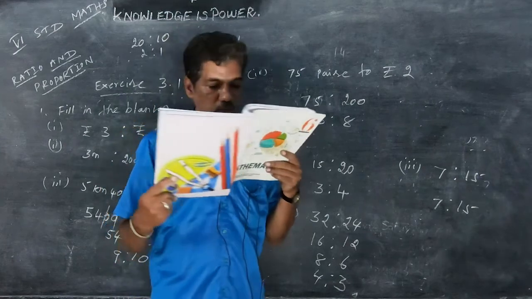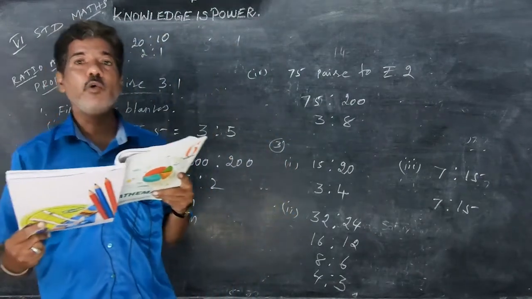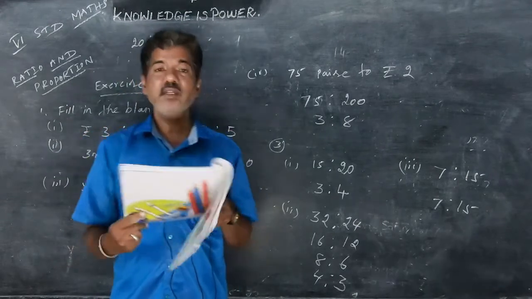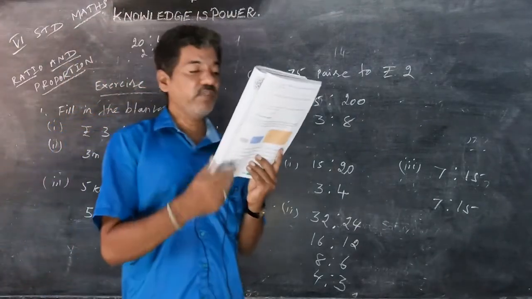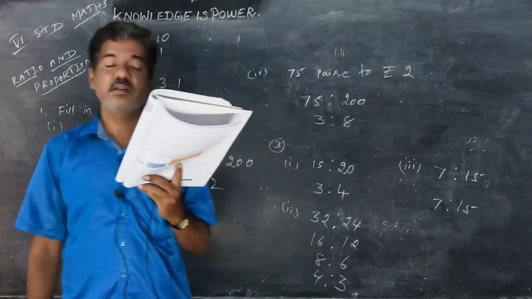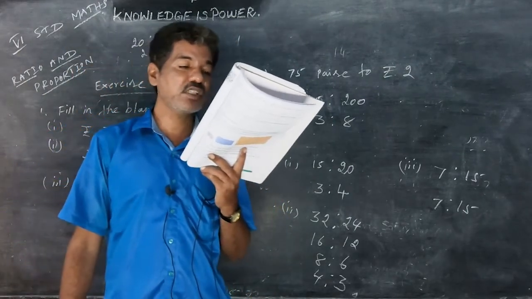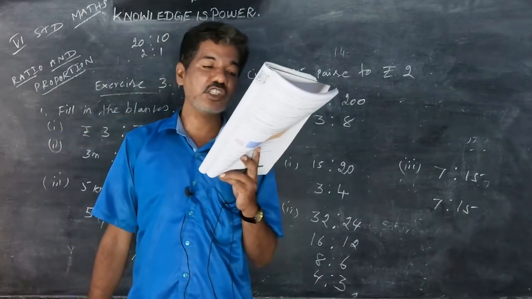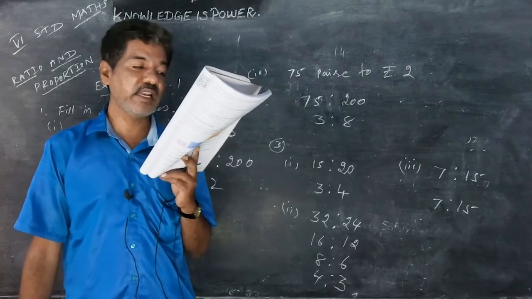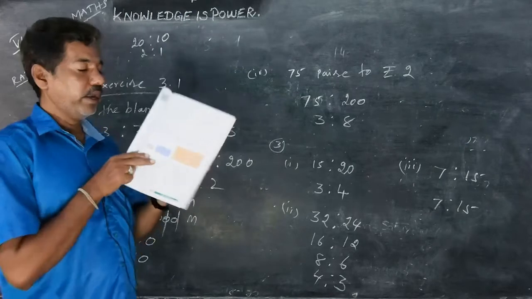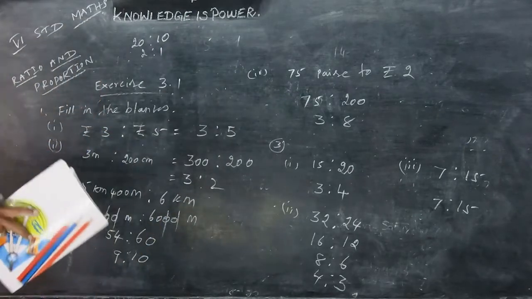Next, question number 5 will be the homework. I'll do the 4th one. Read the question first. Agilan walks 10 km in an hour, while Selvi walks 6 km in an hour. Find the simplest ratio of the distance covered by Agilan to that of Selvi. So 10 is to 6.